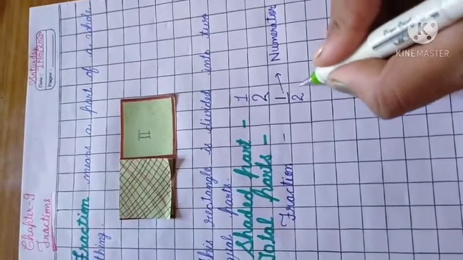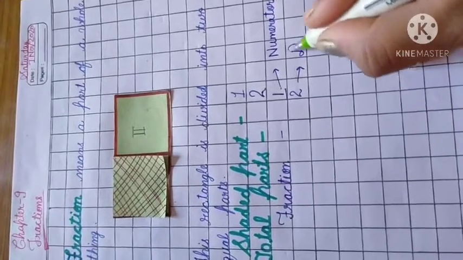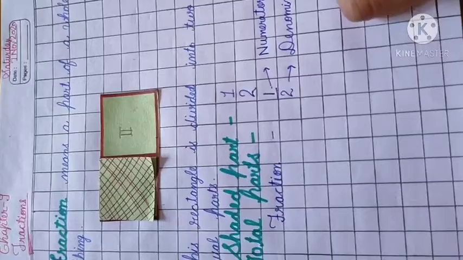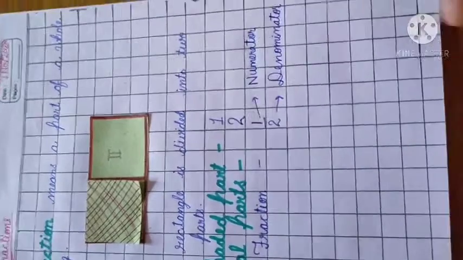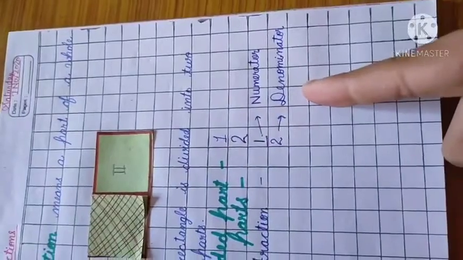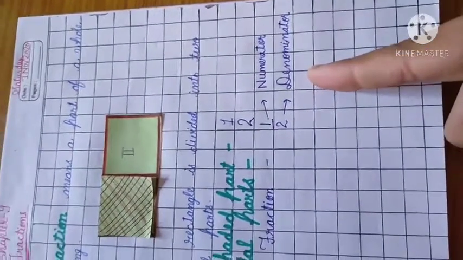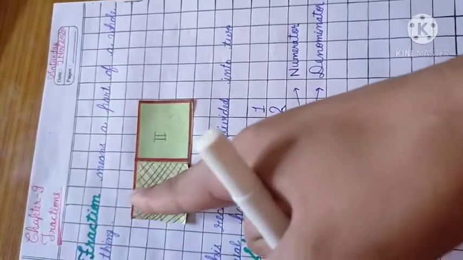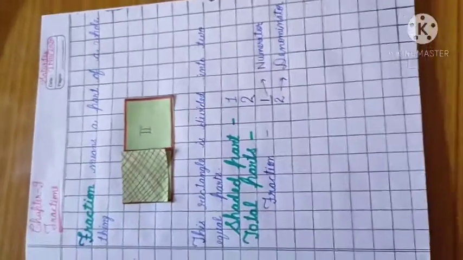The bottom number, which is the denominator, tells us how many parts there are altogether. So here are two equal parts and one part is shaded.